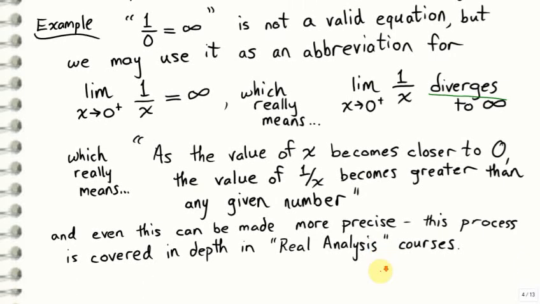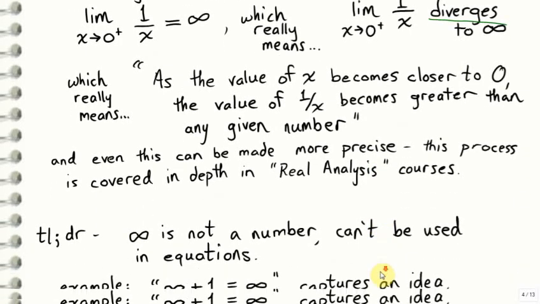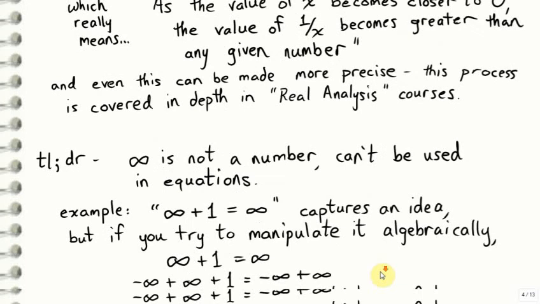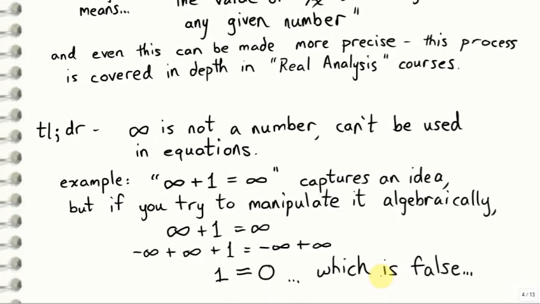Okay, so if you skipped over that part, the too long didn't read version: infinity is not a number. You cannot use it in equations. Often we'll write something like this to capture an idea. For instance, infinity plus 1 equals infinity. There's an idea behind that, but you can't use it as an equation.